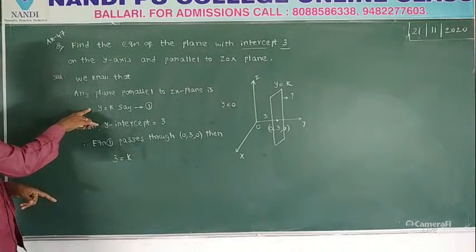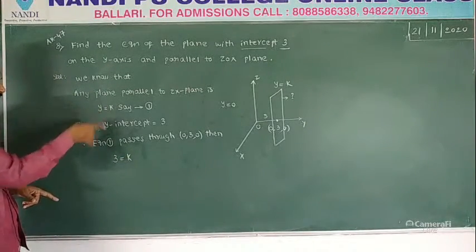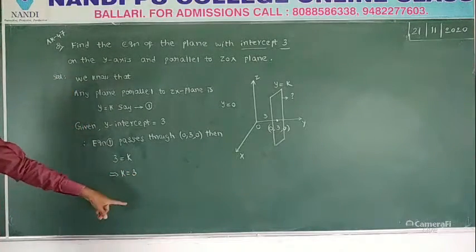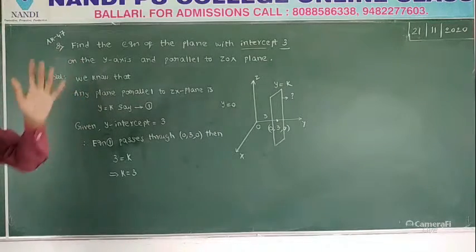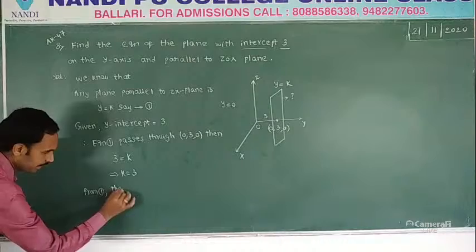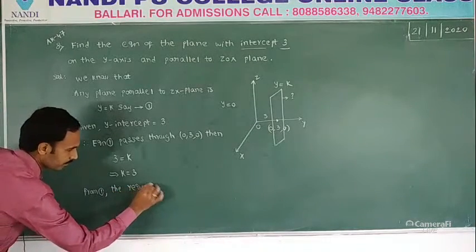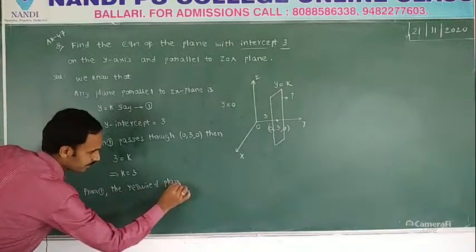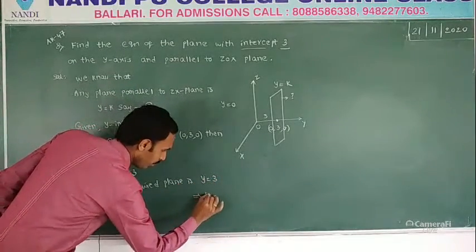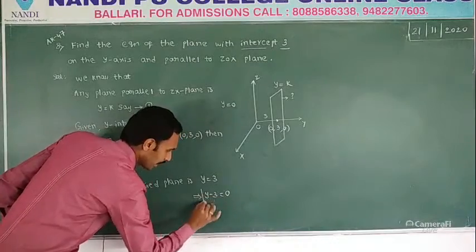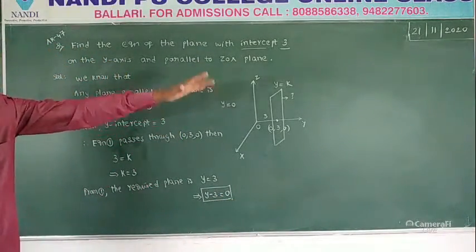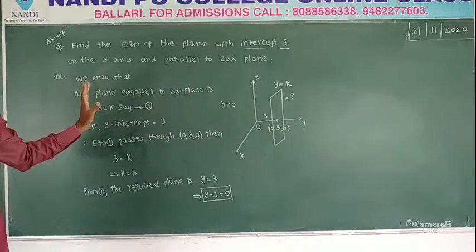That implies k is equal to 3. Substitute in equation 1, you will get the desired plane. So, from 1, the required plane is y is equal to 3, which implies y minus 3 is equal to 0. Okay, that is the equation of the plane parallel to zx plane and making intercept 3 on the y axis. Okay, write it.